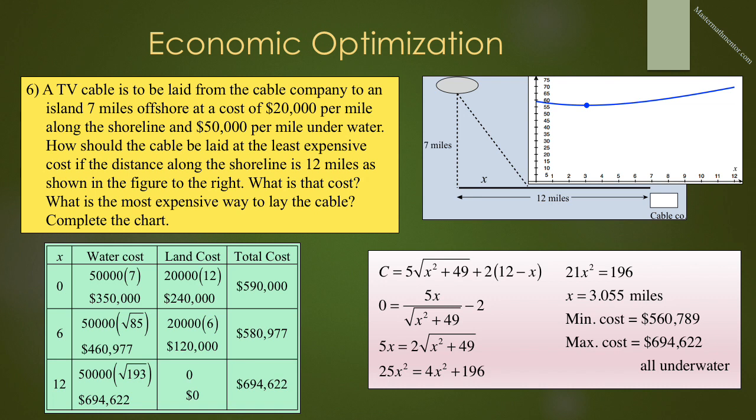The graph confirms the solution. Note, however, that there is not a big discrepancy between the minimum cost at $561,000 and the cost if we lay the cable directly to land, which would cost $590,000.